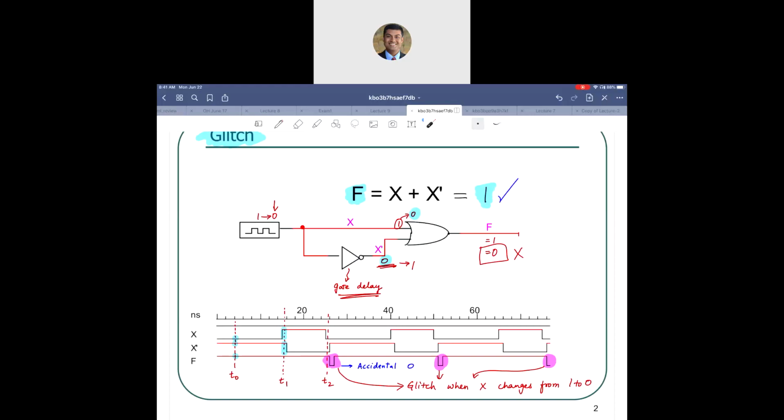And this discussion is important because this is going to relate to sum of product hazards and product of sum hazards, and the fact that they only happen when the input changes from 1 to 0, or 0 to 1 for the other case, for POS. But it only happens at one change, not both changes. And that's due to the nature of this OR gate, or for POS, it would be the AND gate.